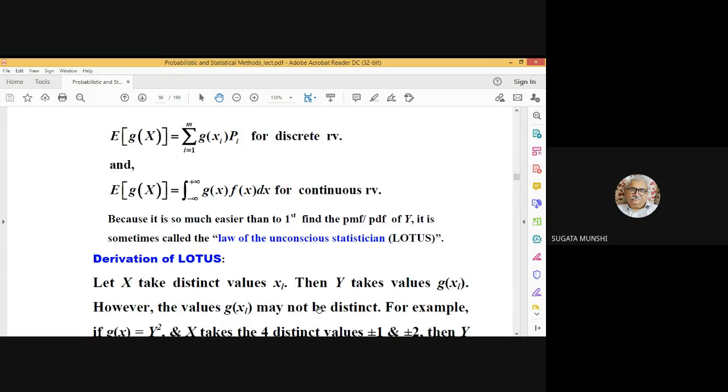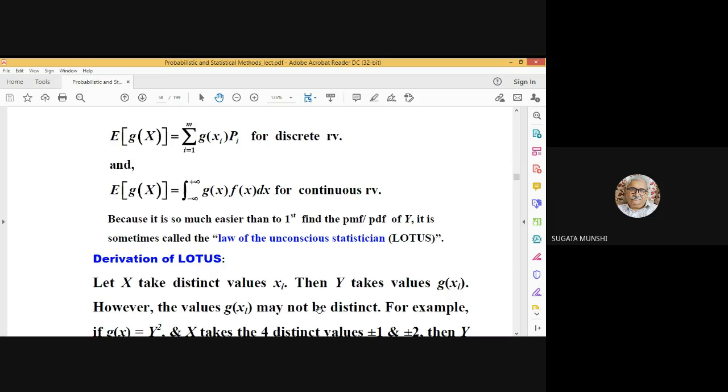In the study of probability, if you are given a certain function of a random variable x, say g(x), then obtaining an expression for the probability density function or probability mass function for the new random variable g(x) is also important, but that has some other application.